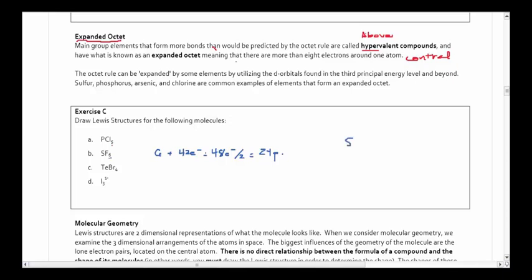You've got sulfur in the middle, and fluorine, fluorine, fluorine, fluorine, fluorine, and fluorine. 1, 2, 3, 4, 5, 6, 7, 8, 9, 10, 11, 12, 13, 14, 15, 16, 17, 18, 19, 20, 21, 22, 23, 24. Perfect.